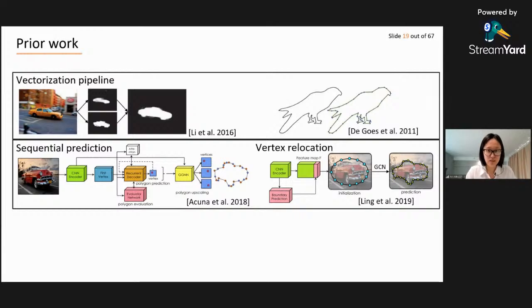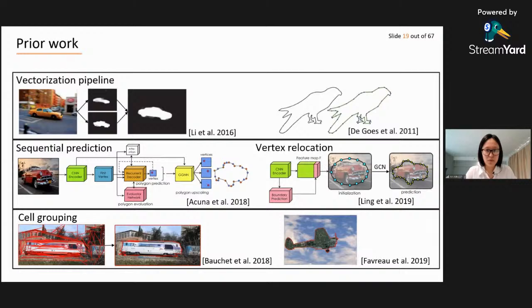These works lack geometric guarantees. For instance, they do not prevent overlapping nor self-intersection. Cell grouping methods oversegment an image into polygonal cells. The cells are grouped into different classes using algorithms such as GraphCut or MCMC. The output relies on the quality of the initial partition, which can sometimes be imprecise.